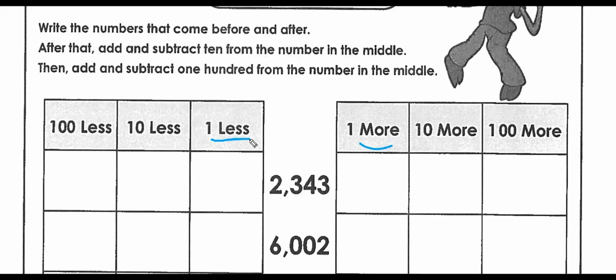Okay. Then after that, add and subtract 10 from the number in the middle. Okay. And then add and subtract 100 from the number in the middle. So we just have to do an extra step. Okay. Now it's 100 more or 100 less. Okay. And now we don't have 3-digit numbers. Now we have 4-digit numbers. So it looks something like this.